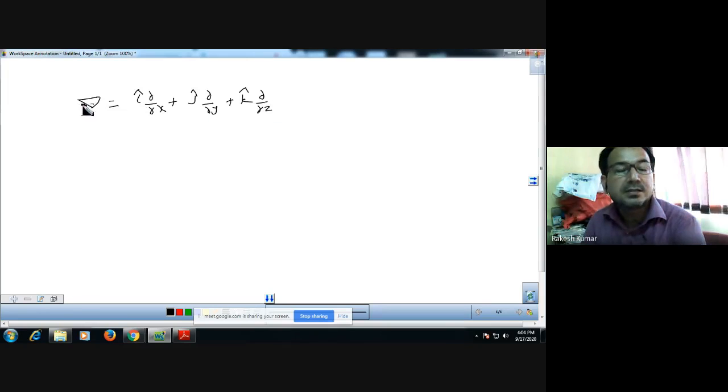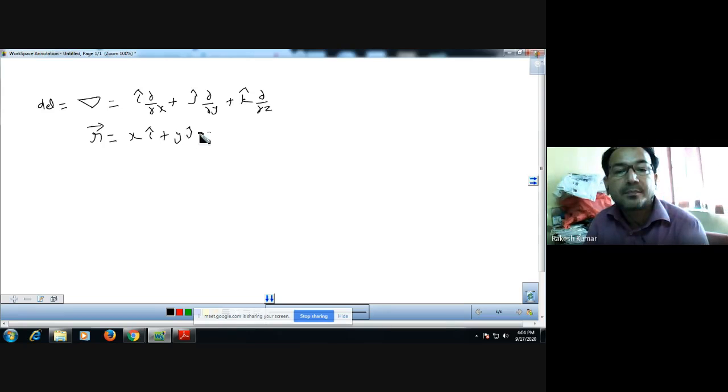And this is the symbol which we use for a gradient. And what does it mean? Suppose we have a vector r, and the vector r is x i cap plus y j cap plus z k cap. Then we can find out the gradient of a vector quantity.